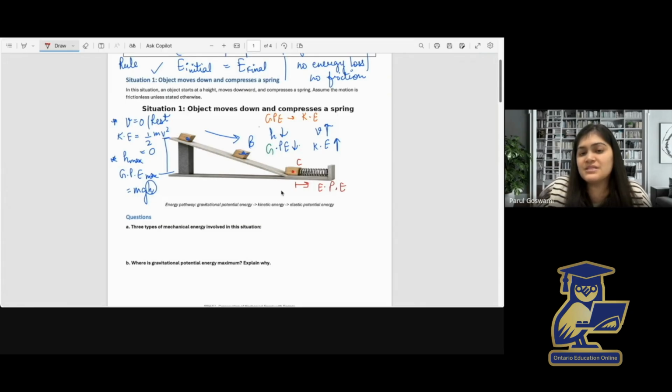At point C, it was kinetic energy, and here there is no height, although sometimes there could be some height depending on the diagram and the situation. But at this point, the kinetic energy is being converted into EPE as the spring is being compressed.